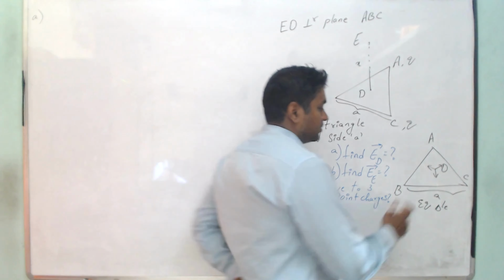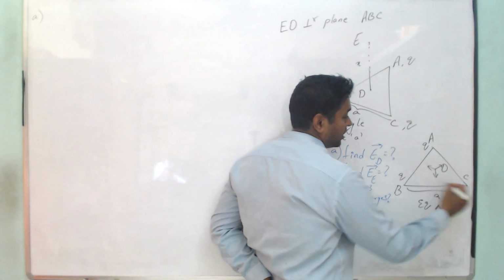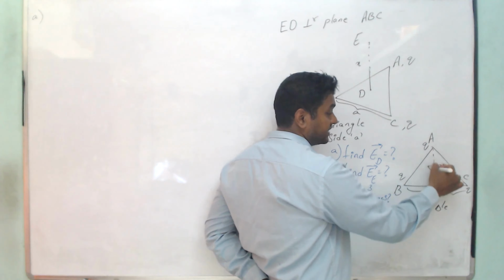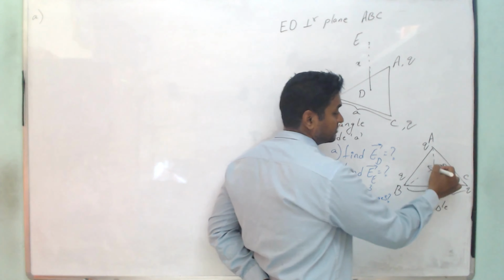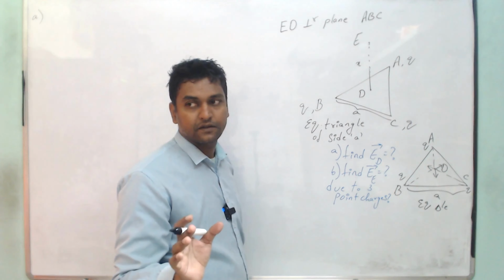Now, all the 3 charges are identical, Q, Q, and Q. Also, the distance between the center and the vertex is equal.